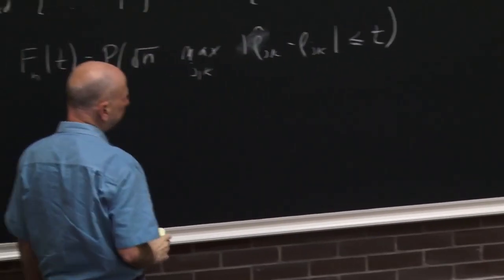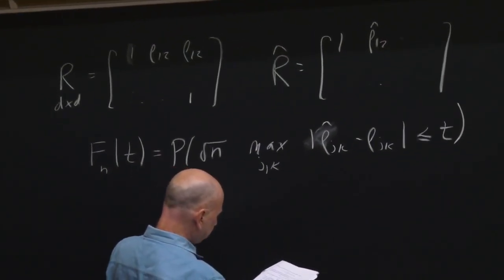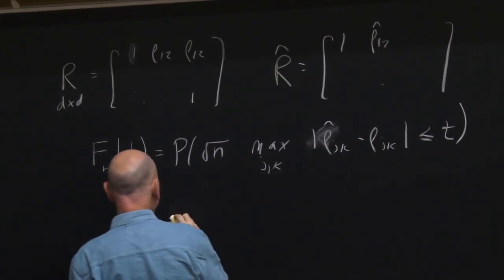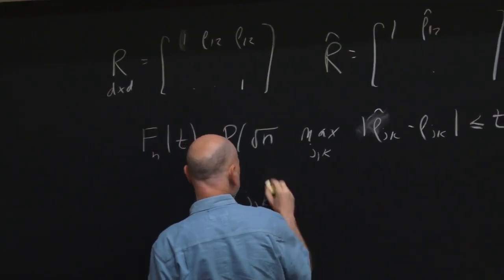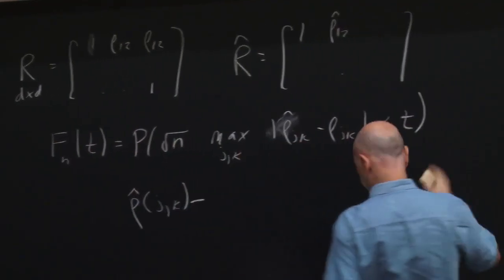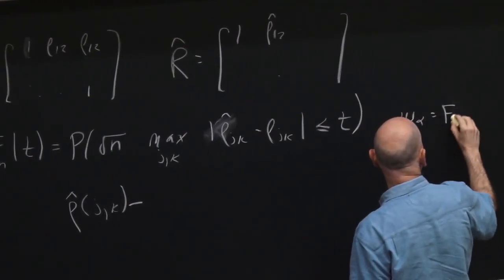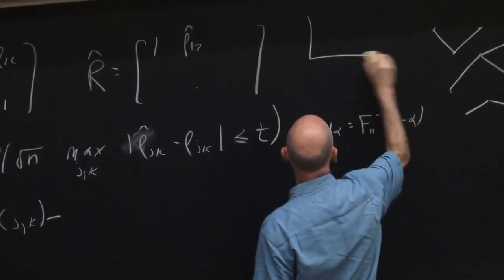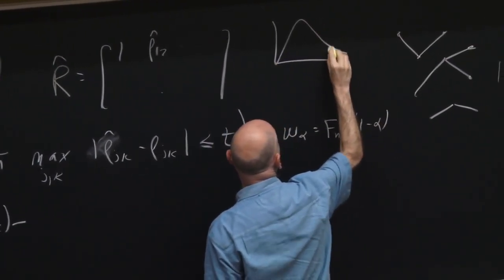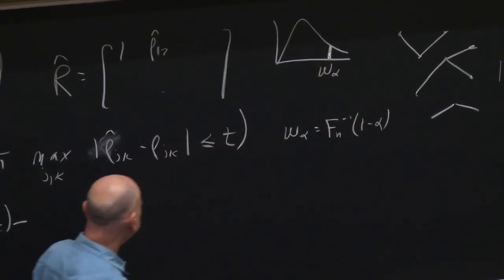And it's clear that if I knew this distribution, all I'd have to do is find the correct cutoff value. In other words, let's look at rho hat jk. Let's take the 1 minus alpha quantile. This unknown distribution function looks something like this. Let's find the alpha quantile, W alpha.